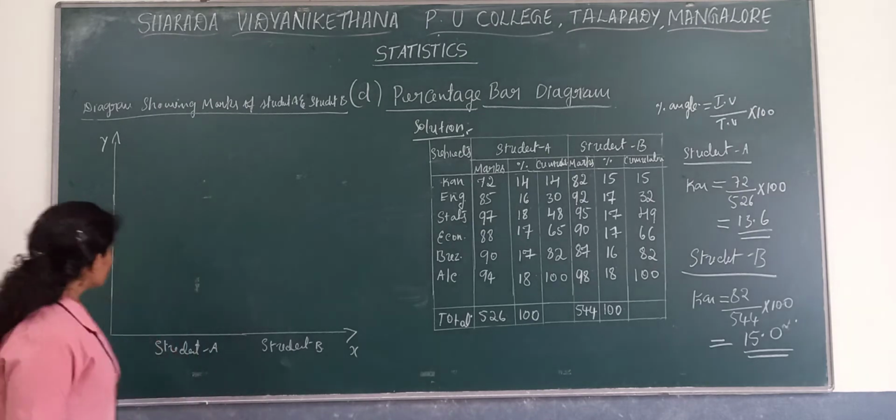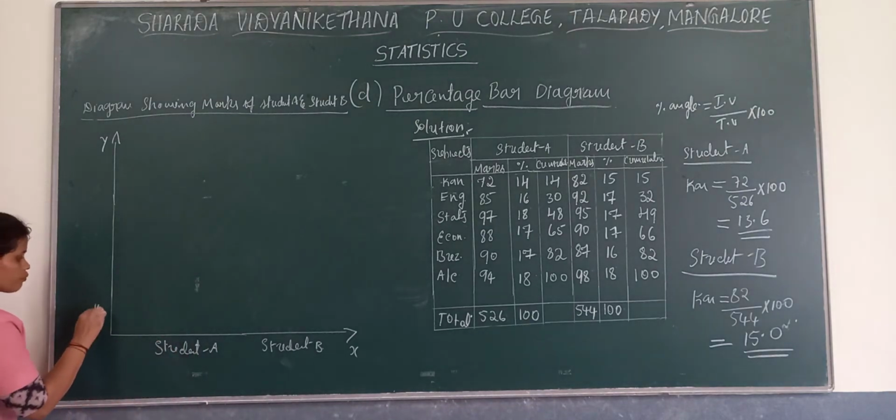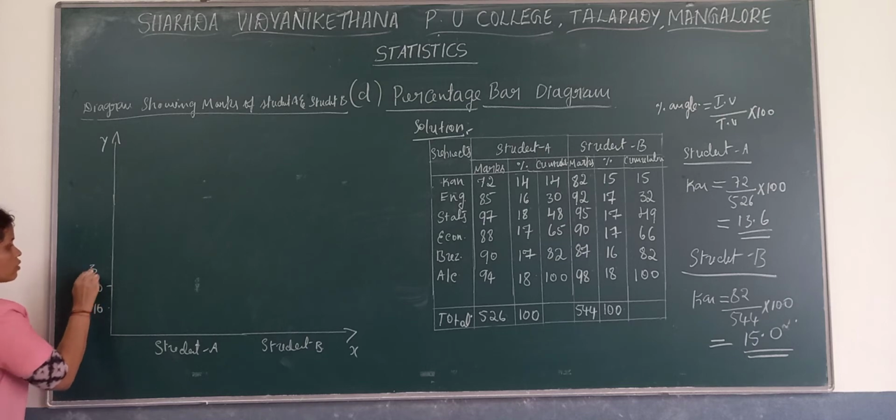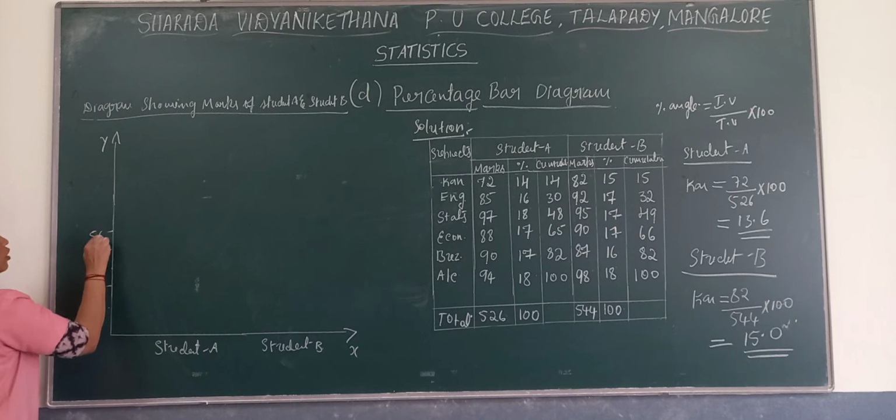So it is better to go with 10, 20, 30, 40, 50.